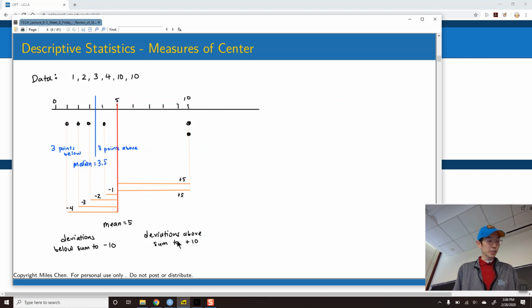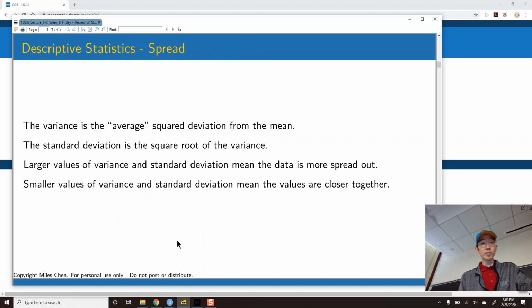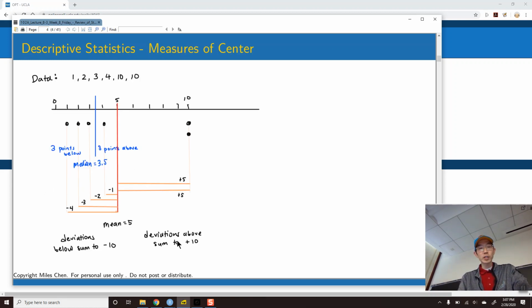That's the mean. Then we have the variance. You can think of it, quote unquote, as the average squared distance from the mean. We take each of these deviations, square them, and then take the average.